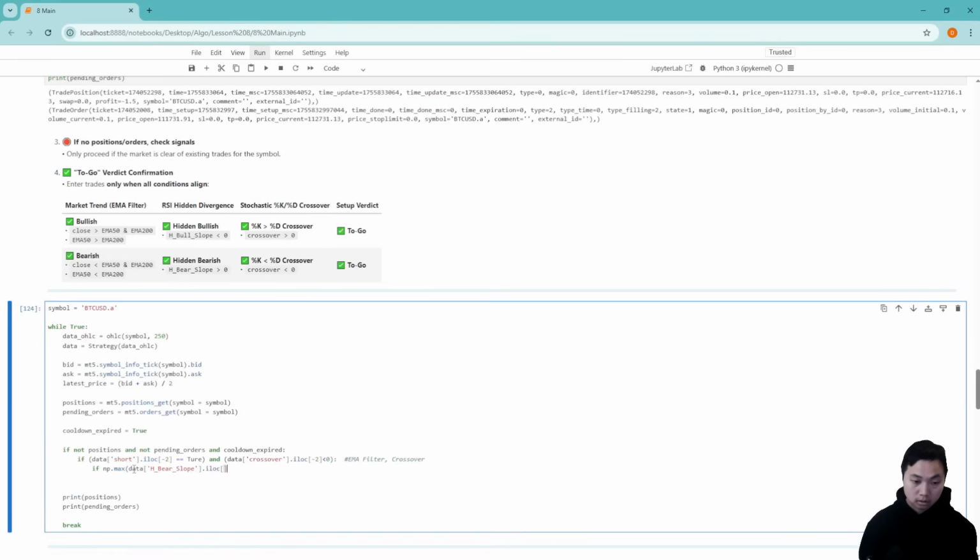I see we're using the range here, 5R. Make sure that it is larger than 0 for the short. This is the RSI.